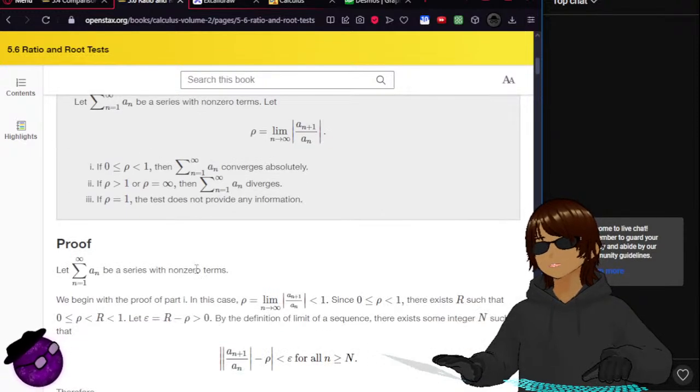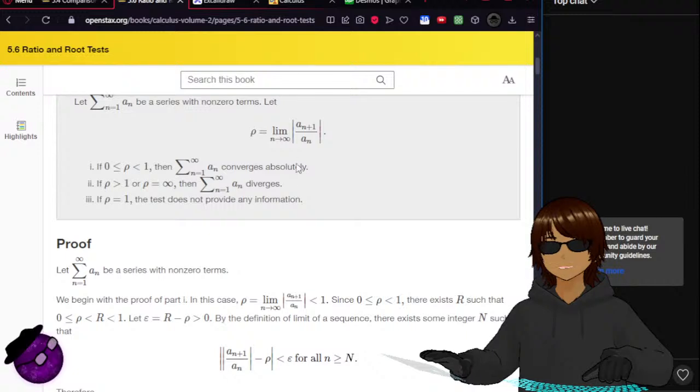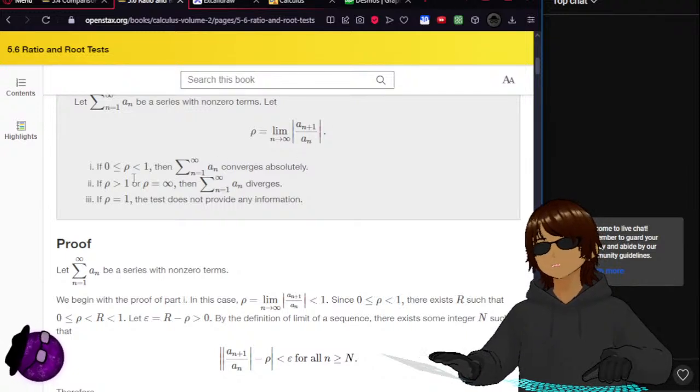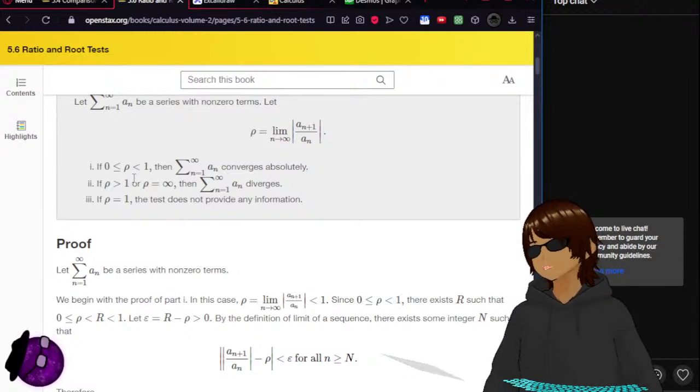I think intuitively, let's think about this. If n goes to infinity and rho is between 0 and 1, an converges. Why can it not? What if it diverges?